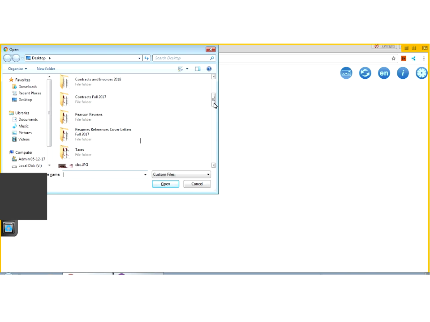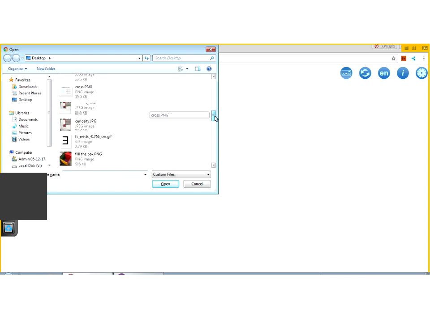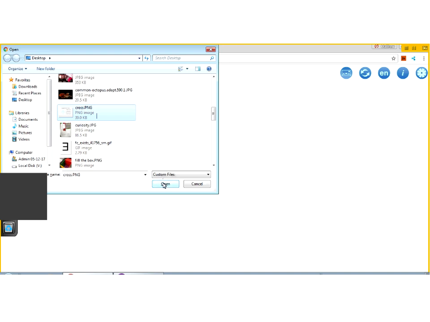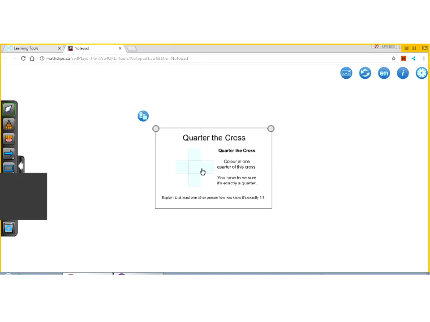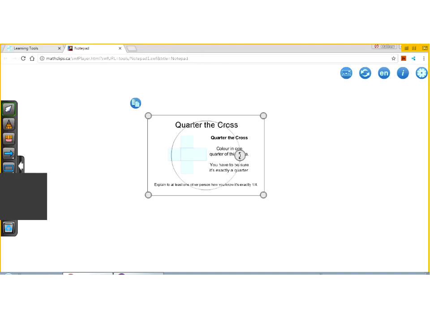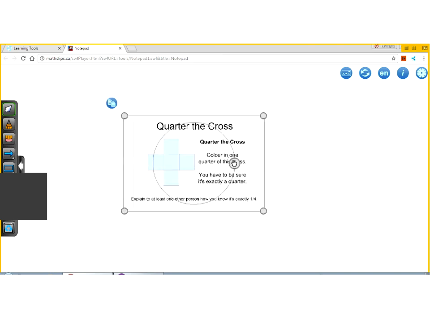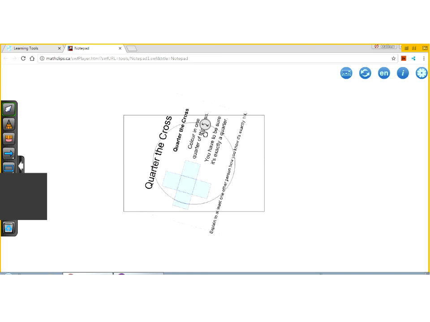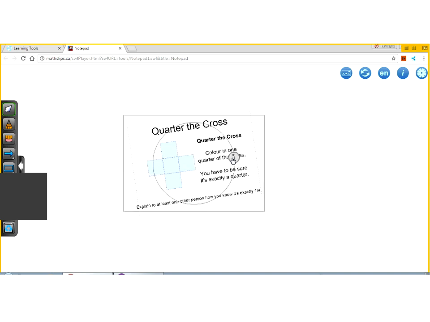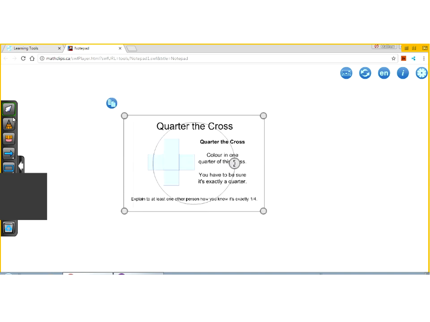And so I have the 2 tasks ready to go. So I can just drop them in there. And so one of them that's coming up is called Quarter the Cross. I'll just drop that in there. I can rearrange it. I can spin it around, which is interesting. So I can put a picture in, okay? And from there, I'm going to be able to do the writing that I need to do.